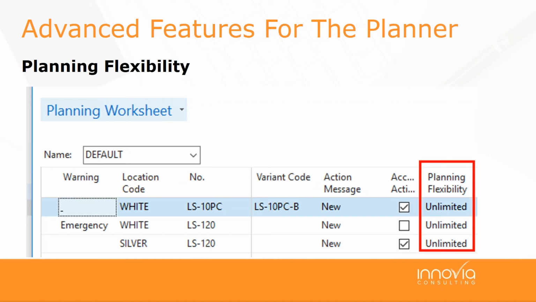But when I'm ready to run it on Monday, I would change it to planning flexibility none, because I don't want the planning worksheet Friday night to come in Monday and say to move it or change it or cancel it, because I'm on top of that. So that's another use for planning flexibility on the production side. Probably less of a use, but locking in 1 day or 2, some companies can do that, others can't, but for some it does work.